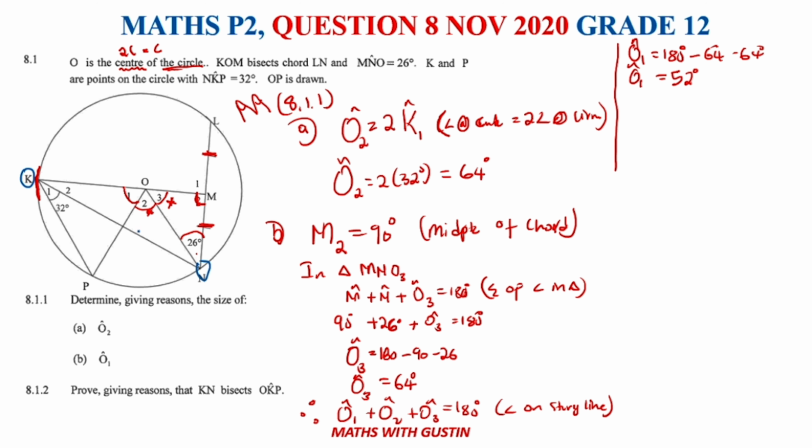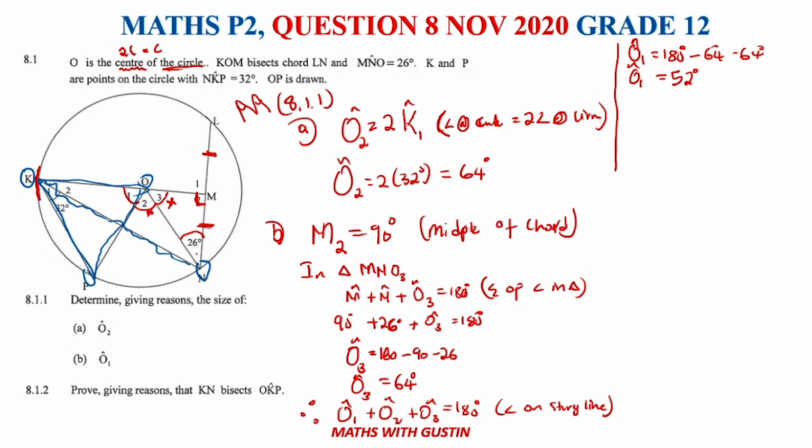KN bisects which triangle? This triangle OKP. We just want to find out if this KN, there is KN here, bisects this triangle into two equal angles. So let's have a look at that.